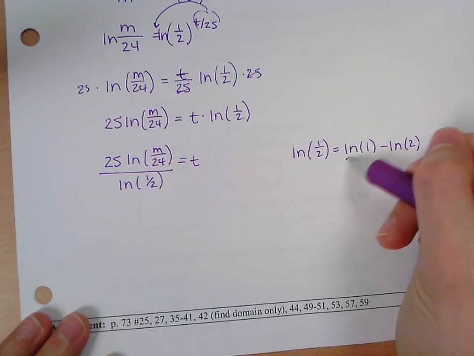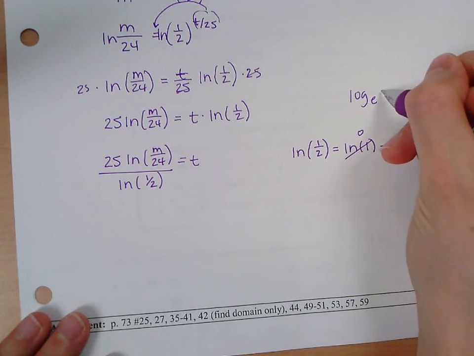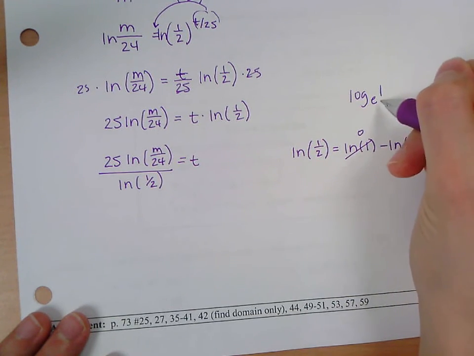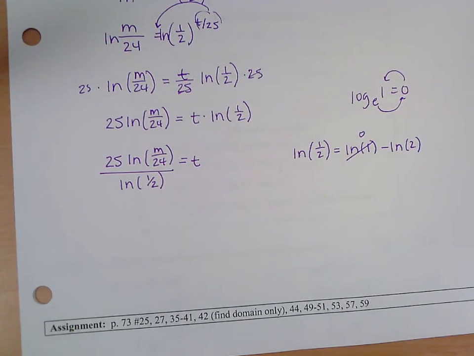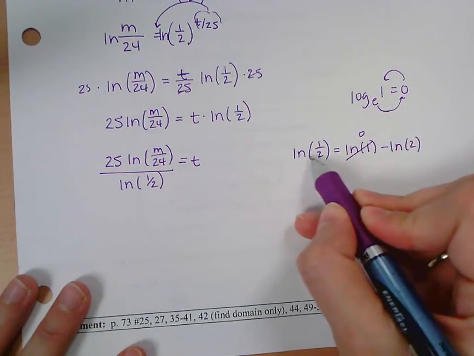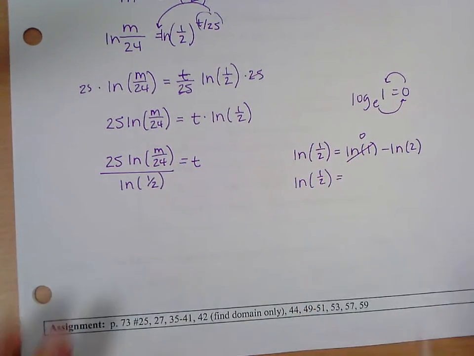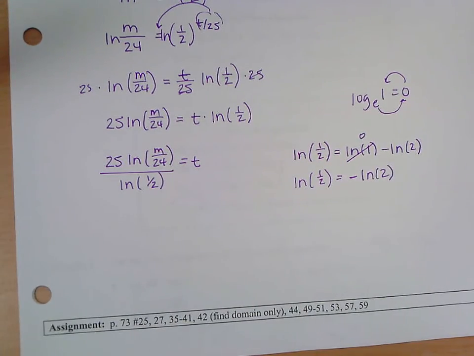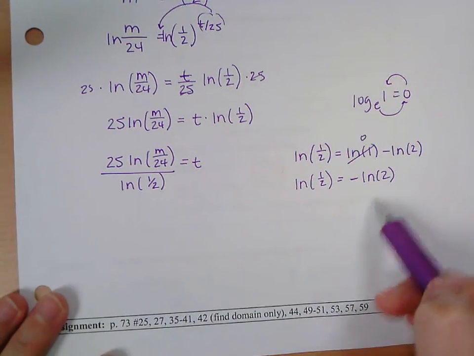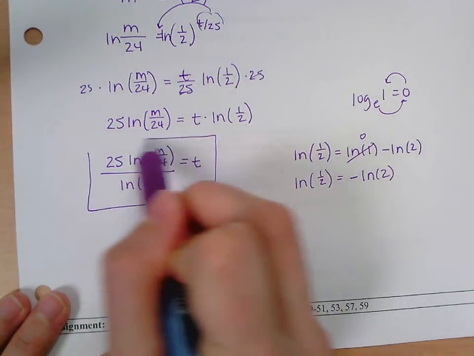The reason why is log base e of 1, e to the 0 power is 1. That's why it's 0. So you might see natural log of 1/2, like if you're checking answers in the book, written as the opposite of the natural log of 2. And that's why. So you could put that in place of it here. However, this is an acceptable answer.